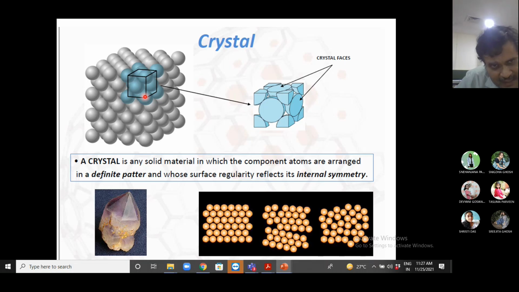The unit cell may or may not exist on its own. It can be a totally hypothetical object.